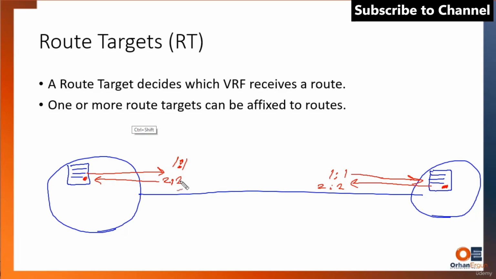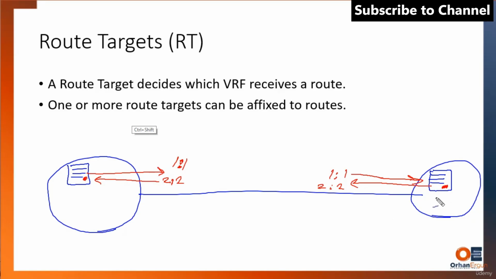So again, they are assigned to the values, to the routes, so that the other side knows which one is going to be imported in one of these. Now, can I import one of these into multiple routing tables on the other side? It is possible.